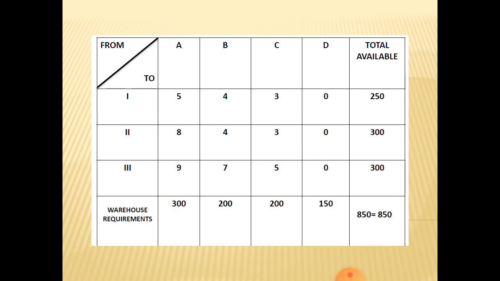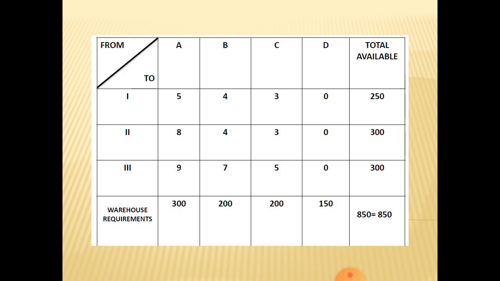Requirements are 300, 200, 200, 150. Availabilities are 250, 300, 300. You will get 850. Here the unbalanced problem has become balanced, because requirement is equal to total available. Now 850 and 850, it is now a balanced problem.